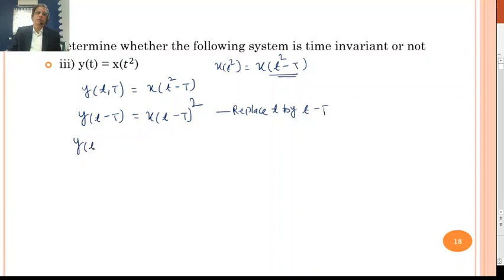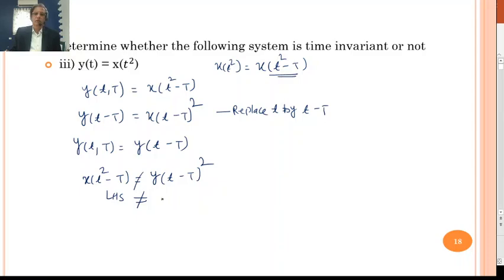Then verify whether both are the same or not. x(t²-T) is not equal to x((t-T)²), as the left hand side is not equal to the right hand side. The given system is a time variant system.